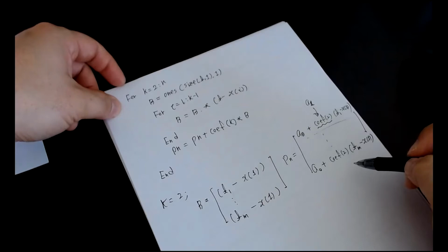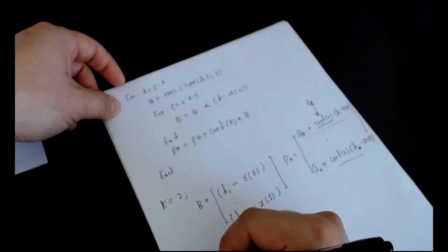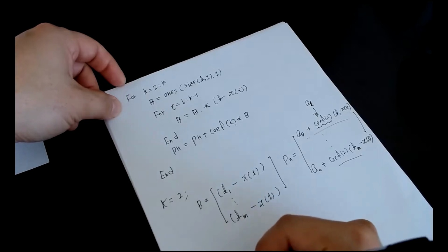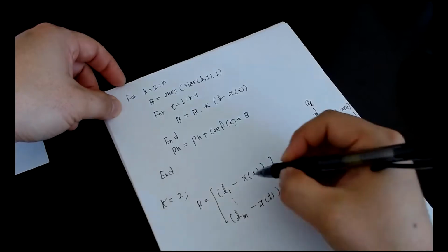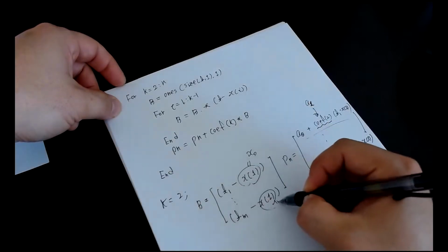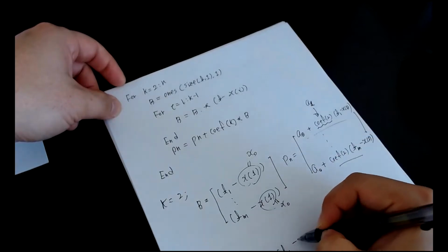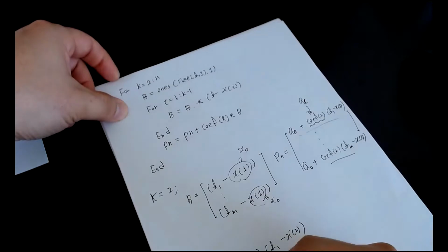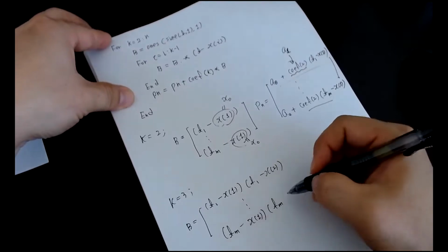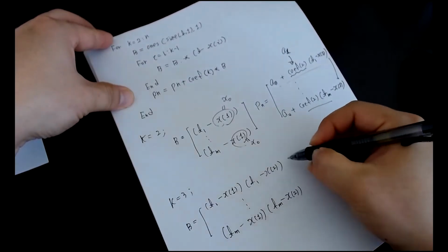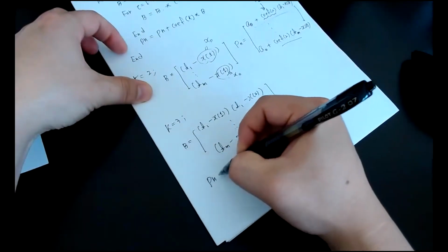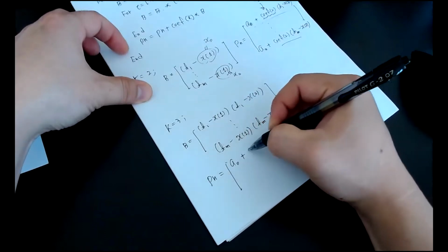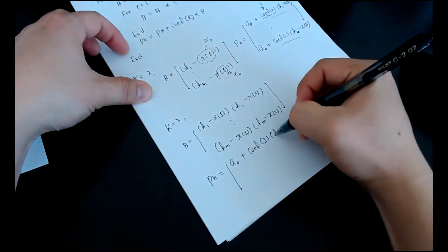Okay. So now next one, k equals 3, then b is going to be what? B is going to be T1 minus x sub 1. Okay, so x of 1 is nothing but x0. Then t1 minus x of 2 through, tm minus x of 1 times tm minus x of 2. So pn is going to be a0 plus coef2 times t1 minus x of 1.